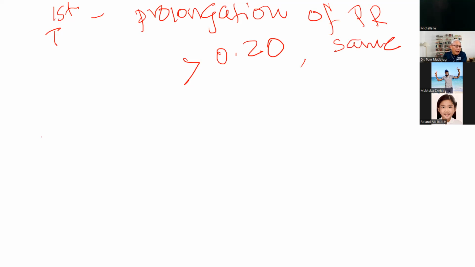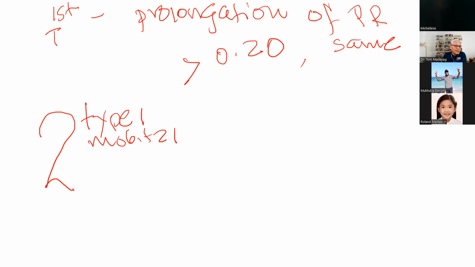Another type of AV block is second degree AV block. And there are two types of second degree AV block. The first one is called type 1 or Mobitz 1. It's also referred to as AV Wenckebach, from the cardiologist who described this phenomenon.